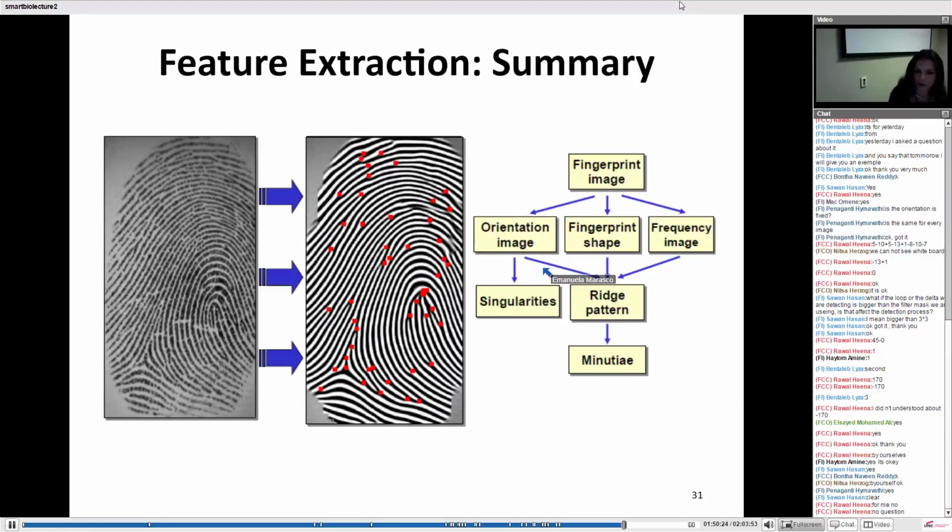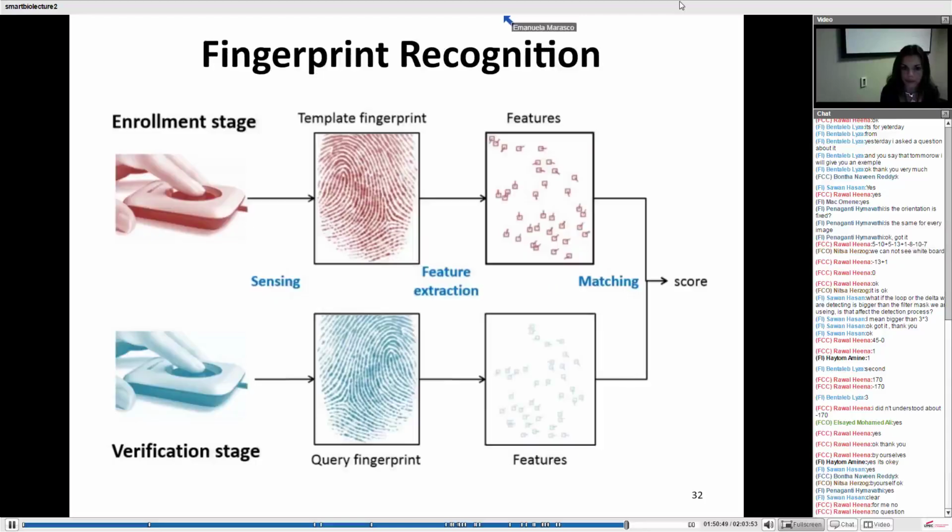While at level 1 we only have orientation, at level 2 we need to locate the ridges, because we need to extract minutia points, which are specific points in the image containing two kinds of information: the location, x and y, and theta, the orientation.